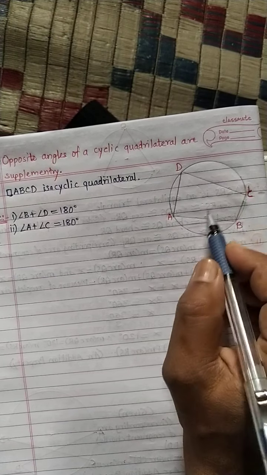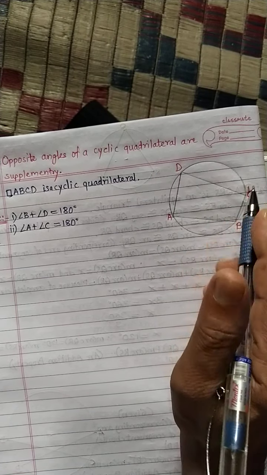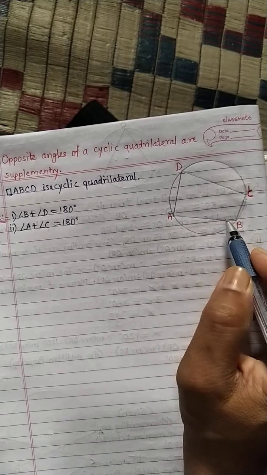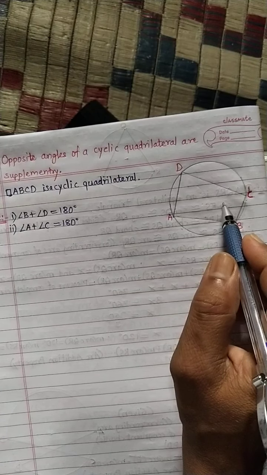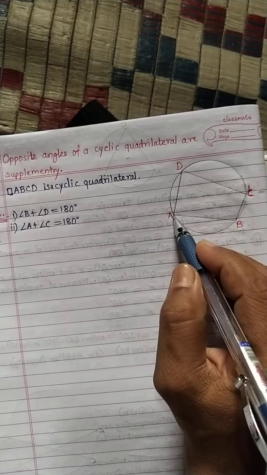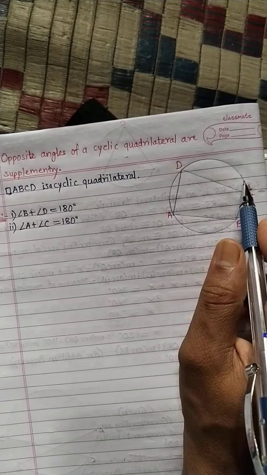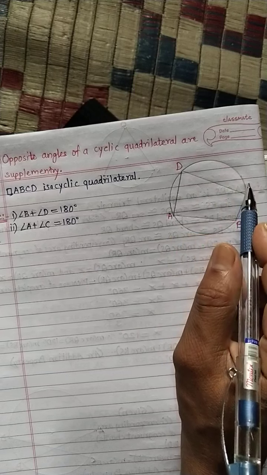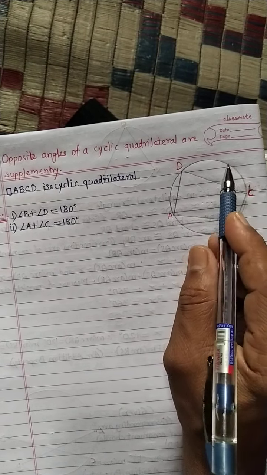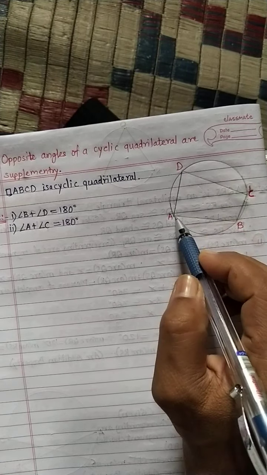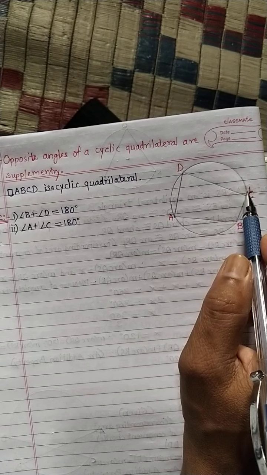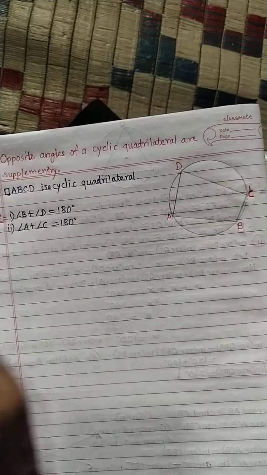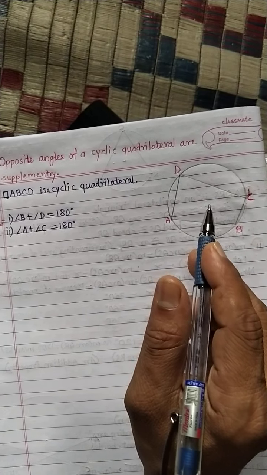Similarly, angle ABC is also an inscribed angle. It intercepts arc ADC. So angle ABC is equal to half the measure of arc ADC.